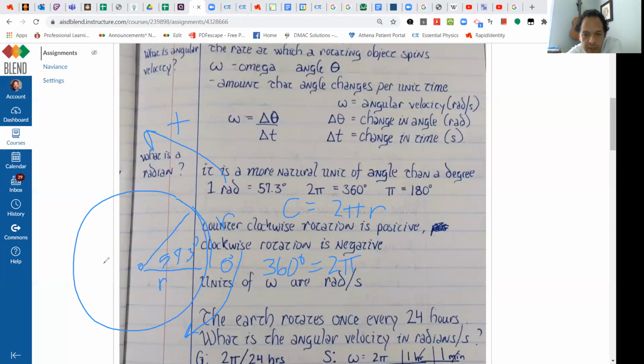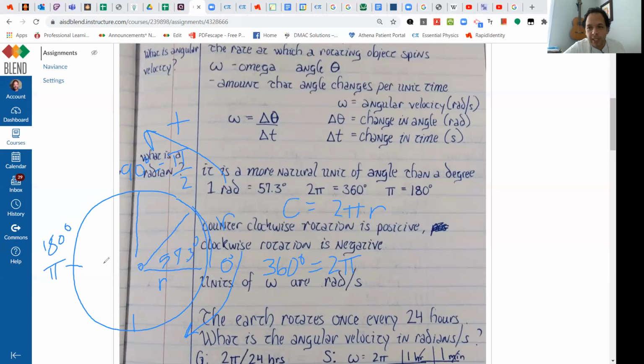So 360 degrees is equal to 2 pi. So half of 360 degrees is 180 degrees, so that's over here. That's just pi. And then 90 degrees is pi over 2. And then the bottom, I forget what the bottom is, but we're going to look at that a lot later. We're going to go over the unit circle.